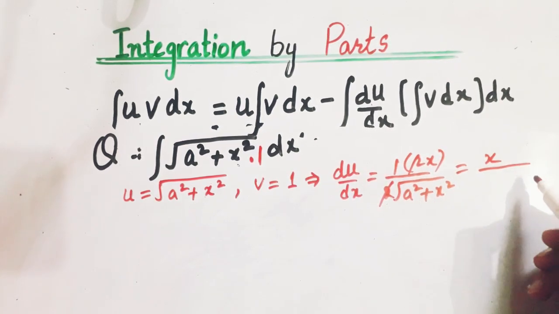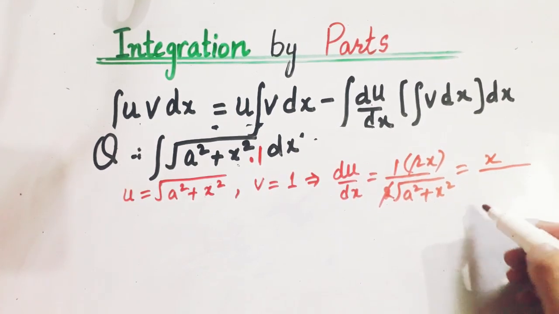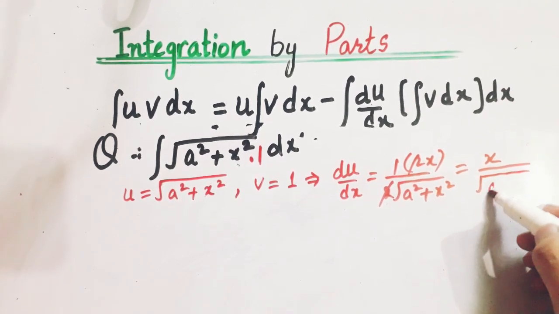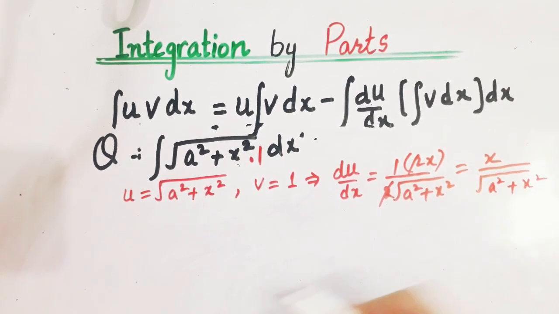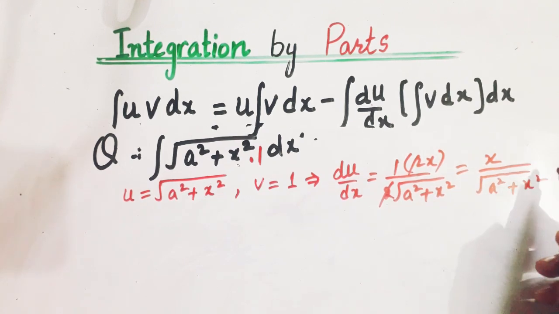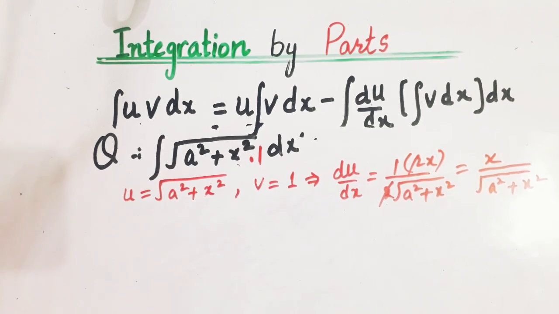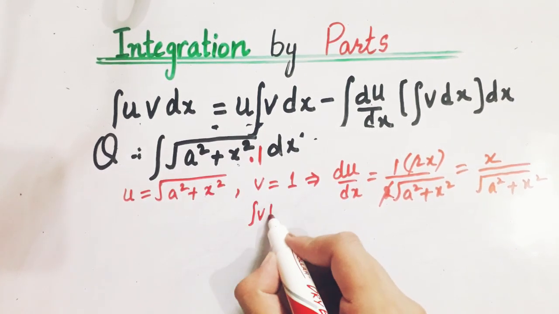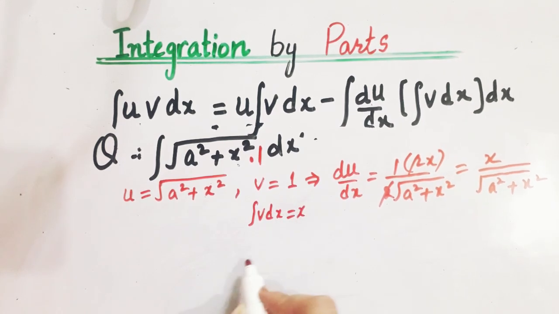We have x over the square root of a square plus x square. Now we will find the integral of v dx, that will be x.